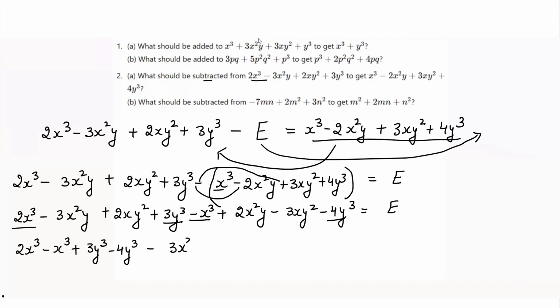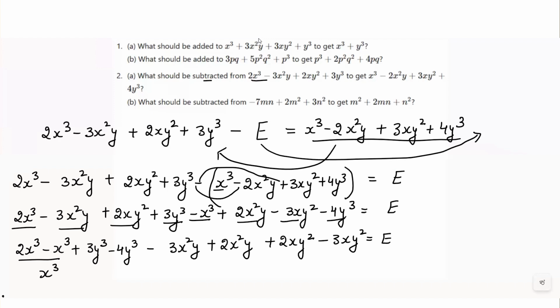Minus 3x square y plus 2x square y, plus 2xy square minus 3xy square is equal to E. So 2x cube minus x cube is x cube. 3y cube minus 4y cube means minus y cube. Minus 3x square y plus 2x square y is minus x square y. Plus 2xy square minus 3xy square means minus xy square is equal to E.